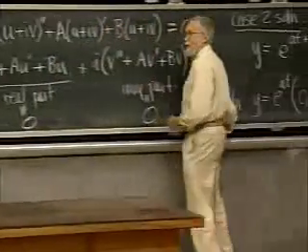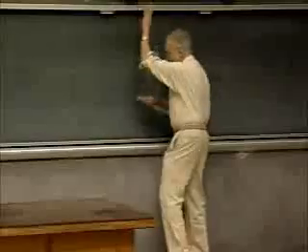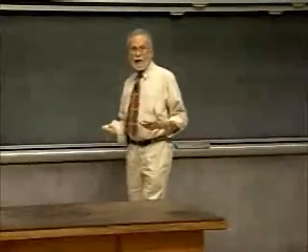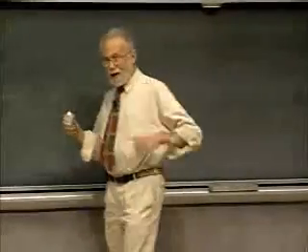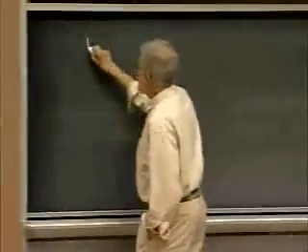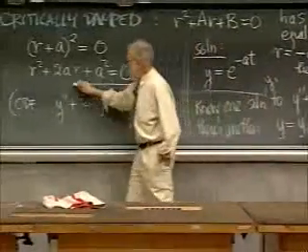Now, let's, in the remaining couple of minutes, carry that out just for this case, because I want you to see how to arrange the work nicely, and I want you to arrange your work when you do the problem sets in the same way. So the way to do it is, the solution we know is e to the minus at. So we're going to look for a solution to this differential equation.